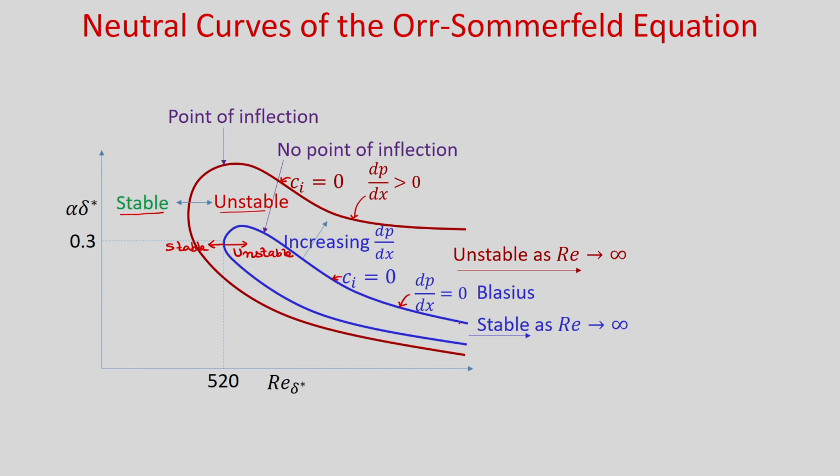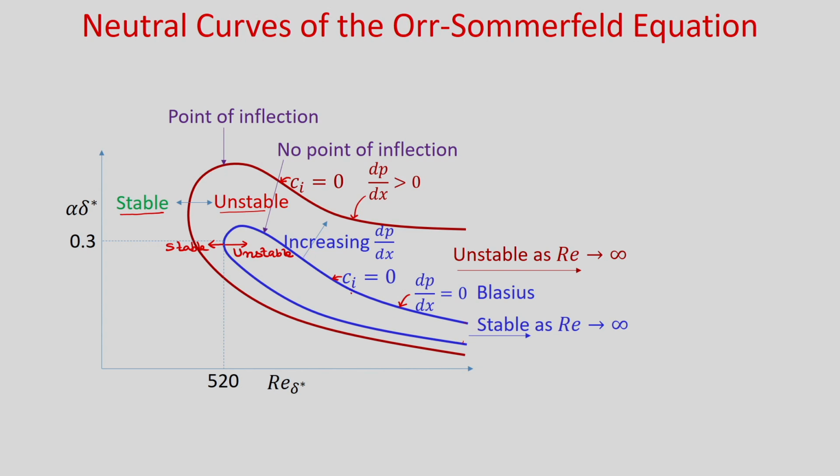If you carefully look here, if you go Re tends to infinity, that means if you go along the x axis, then somewhere these two curves will meet, and after that it will become stable, because inside this thumb curve we have an unstable region, but if you go very far away in the x direction, that means Re tends to infinity, then this will become stable.